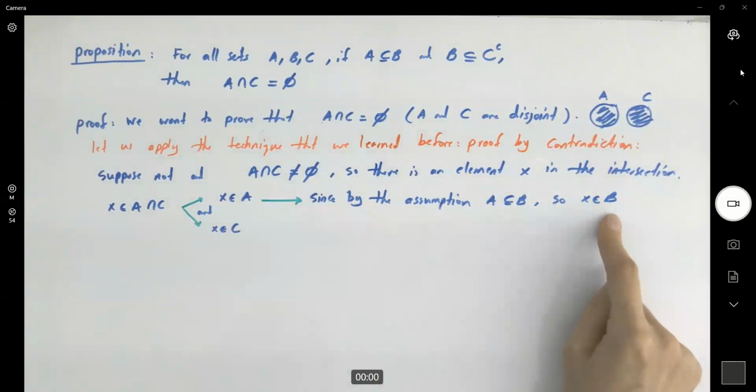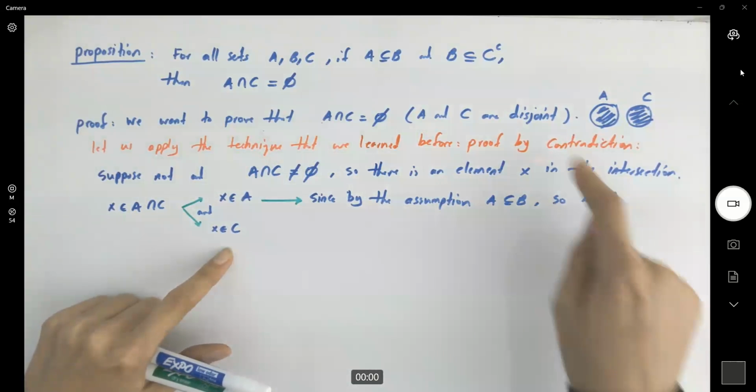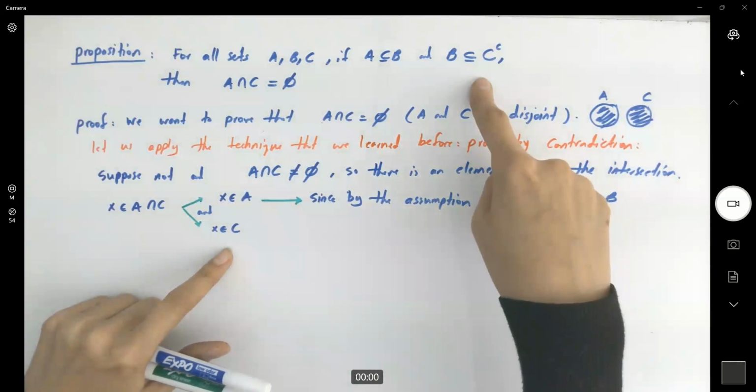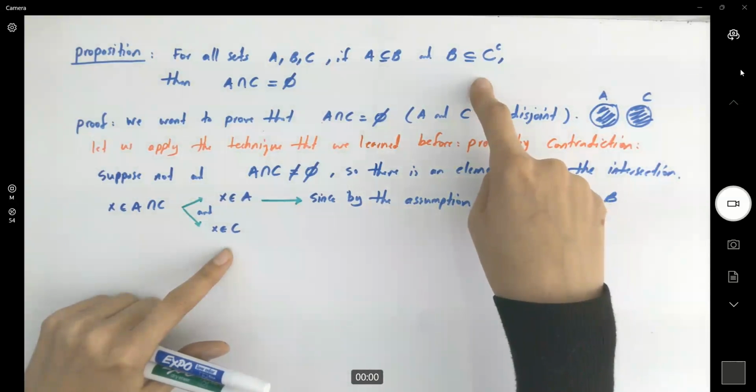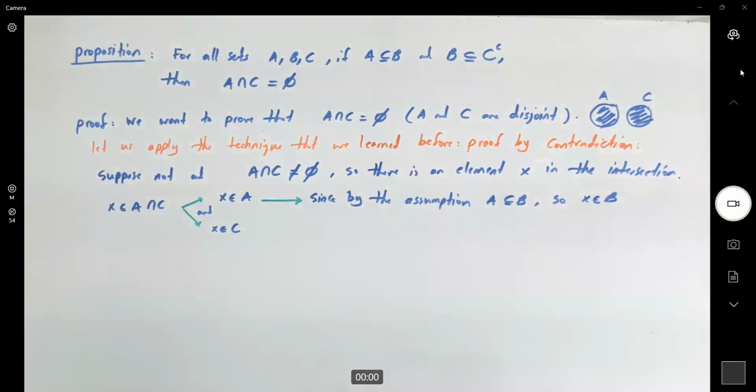Keep this. X belongs to B and X belongs to C. Okay. Take a look at this.